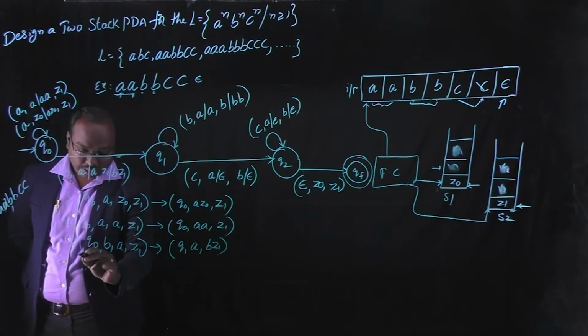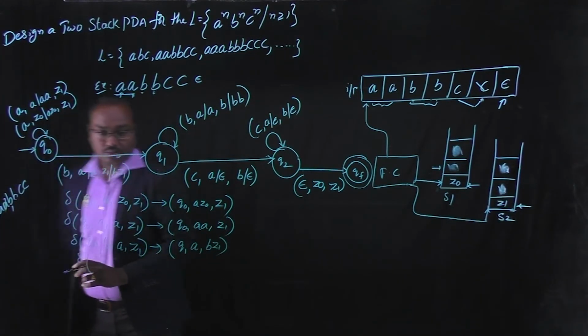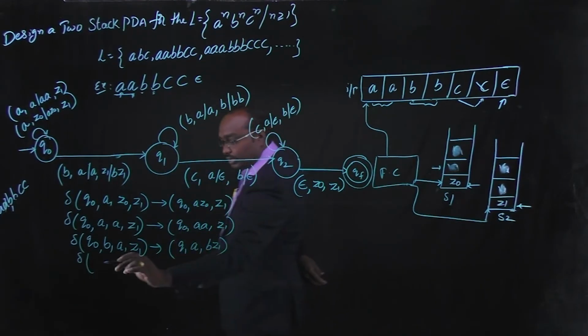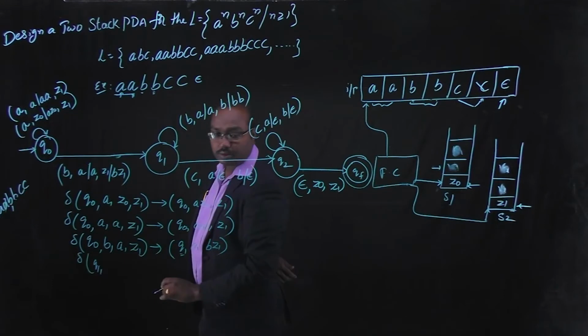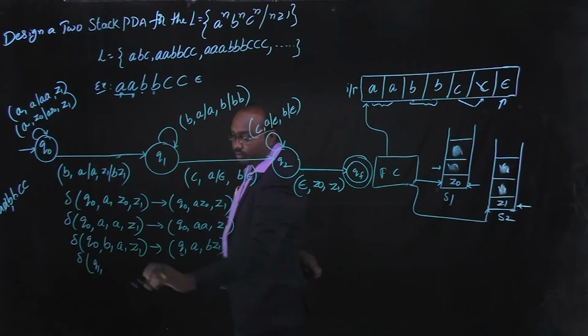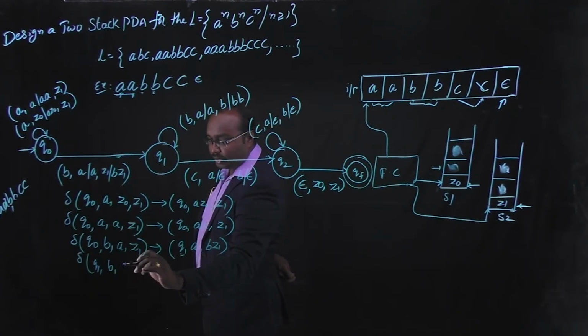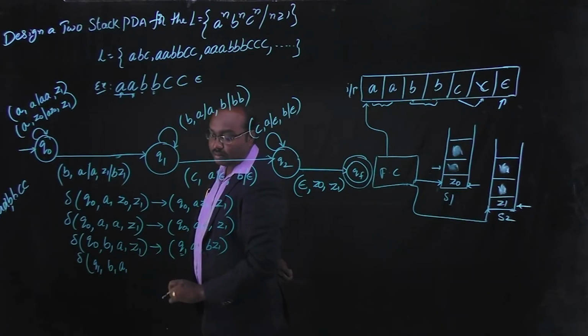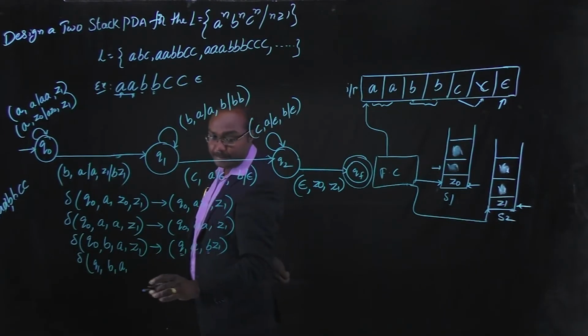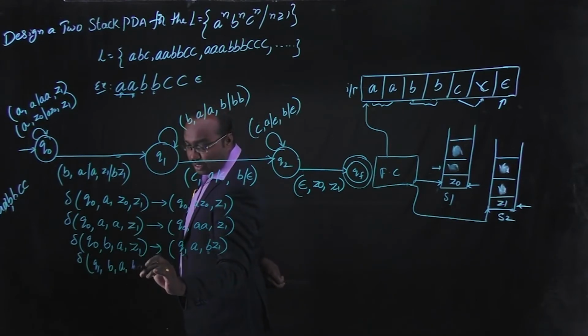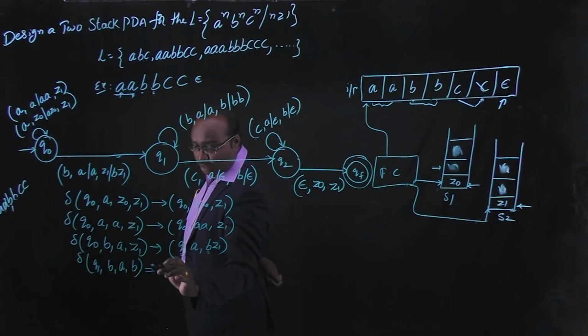Okay, and next one, one more transition. Now we are in state Q1. If the input symbol is B and stack 1 top element is A, now what is the stack 2 top element? B. B is the stack 2 top element.